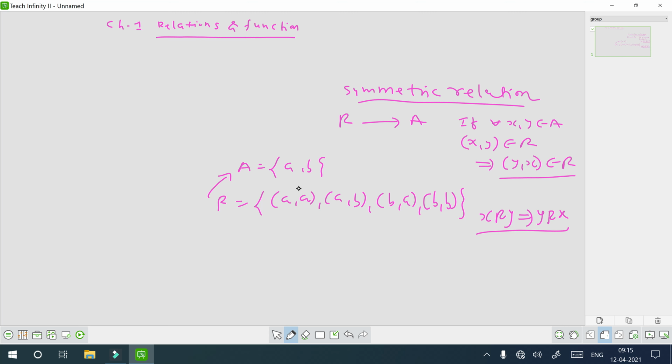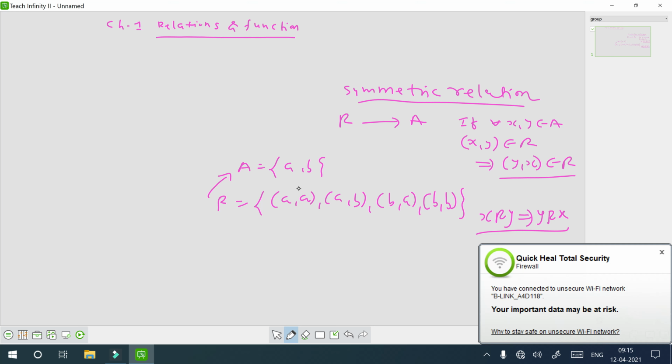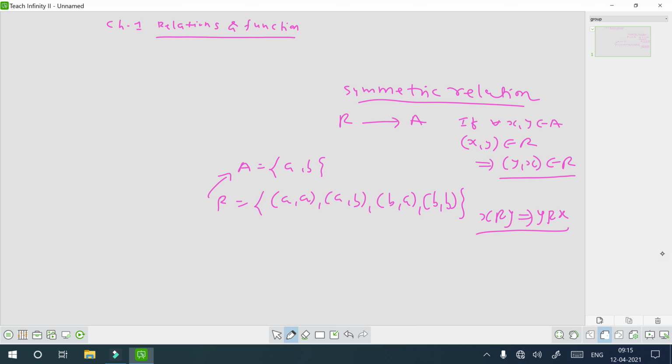See, of course, if x and y both are same, then a and b satisfy this condition. Now here you can say that (a,b) is there, a is related with b, same time b is also related with a. So this relation is a symmetric relation.